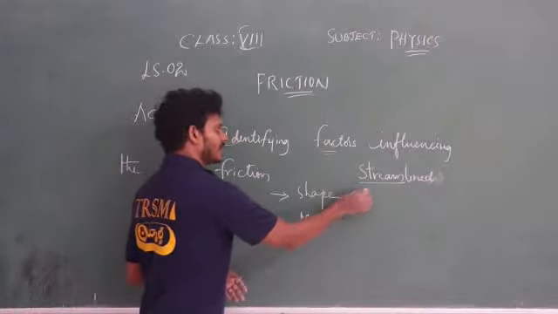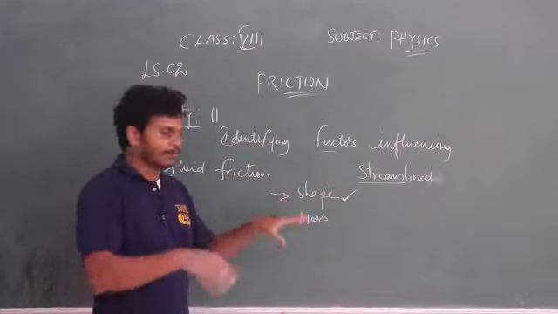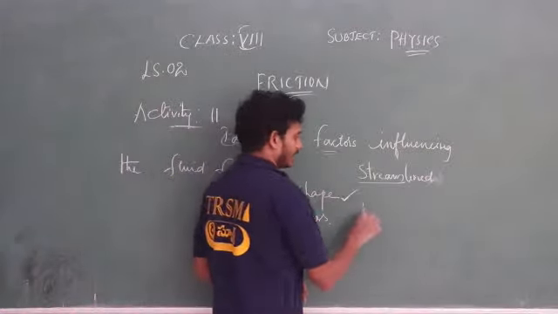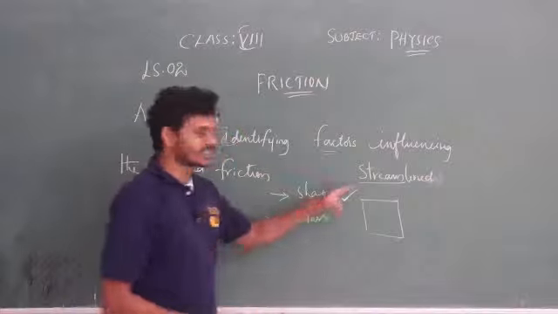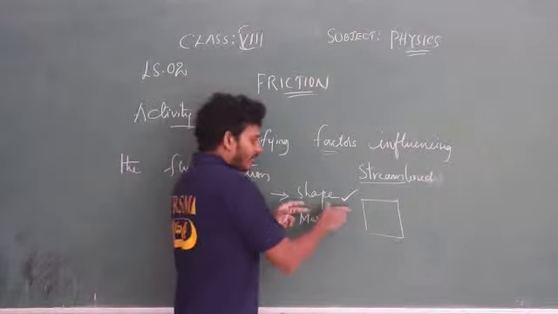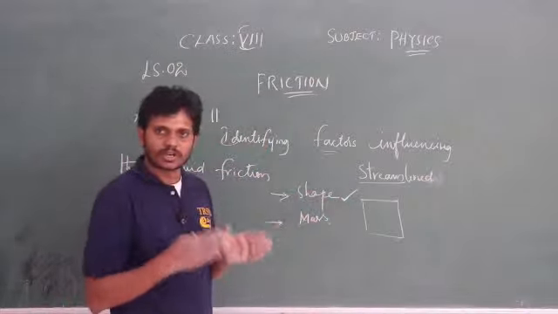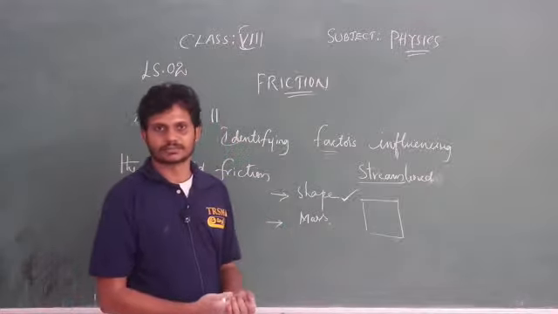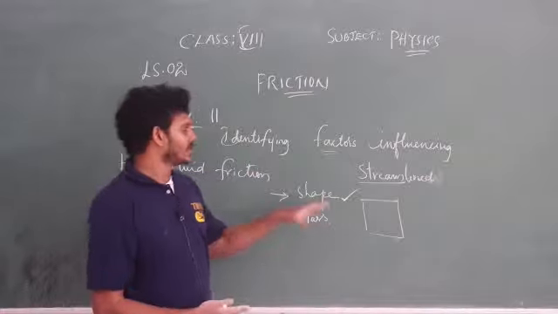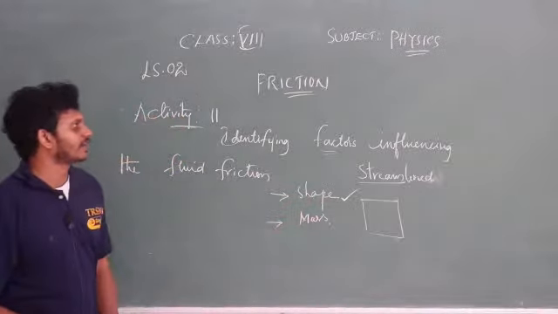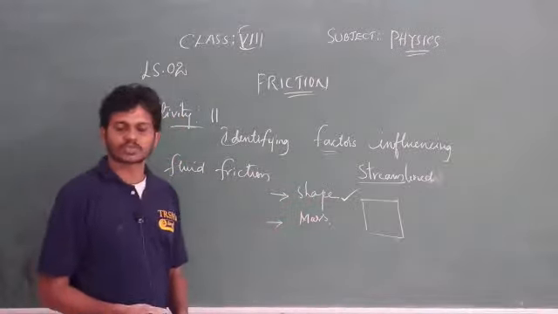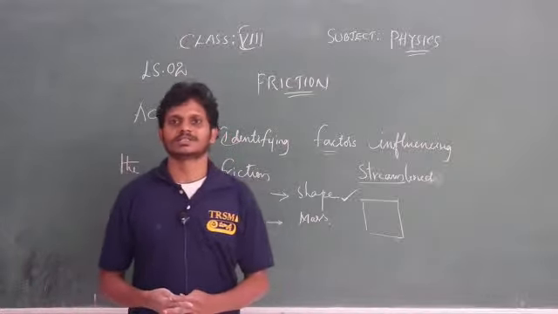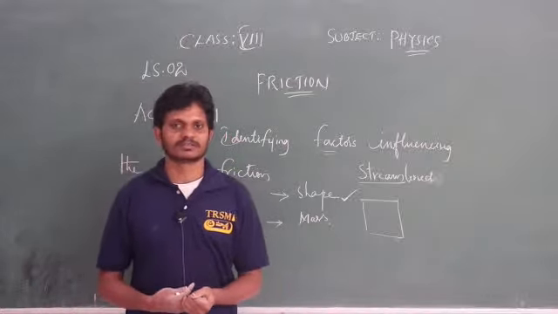If the shape is not streamlined, if it is rectangular or square in shape, the friction will be high. If it has a streamlined shape, that object or animal can move further easily. So these are some of the factors that affect fluid friction. With this, we completed lesson 2, friction.